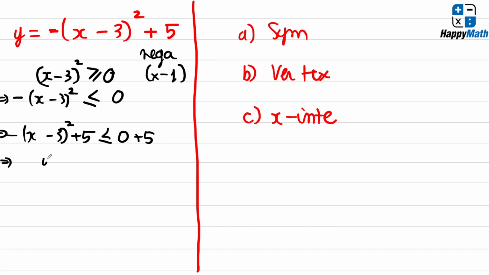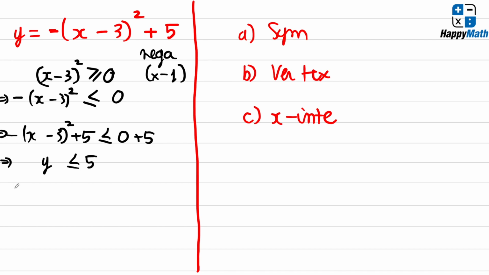So this is why y is less than or equal to 5. For this question, we have no minimum point because y is always less than or equal to 5. It means y is never larger than 5.